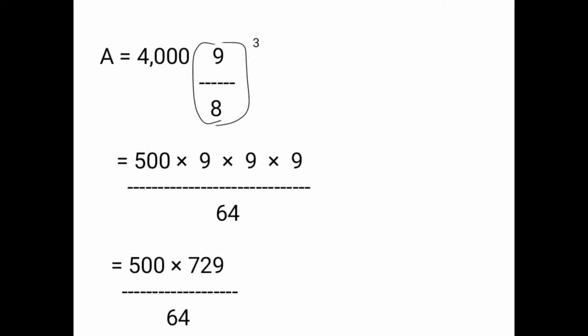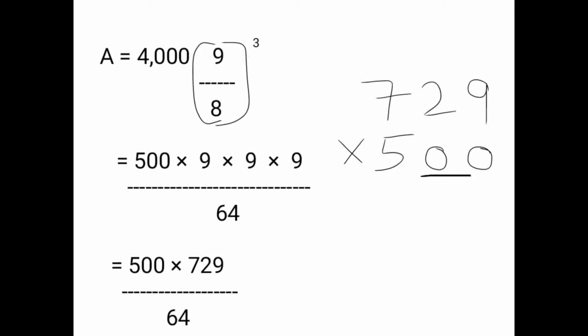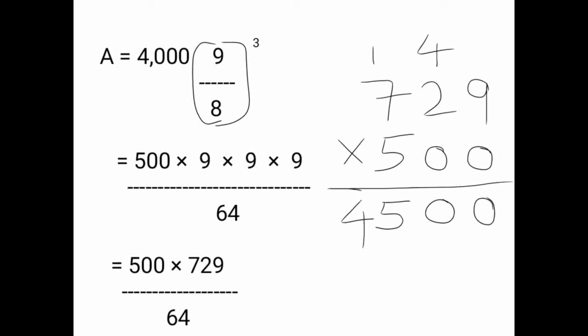Now I am multiplying 729 into 500 on numerator. The last two zeros which are there, you have to write as it is. Now I will multiply 729 into 5. 5 nines are 45. 5 twos are 10, plus 4, 14. 5 sevens are 35, plus 1, 36.